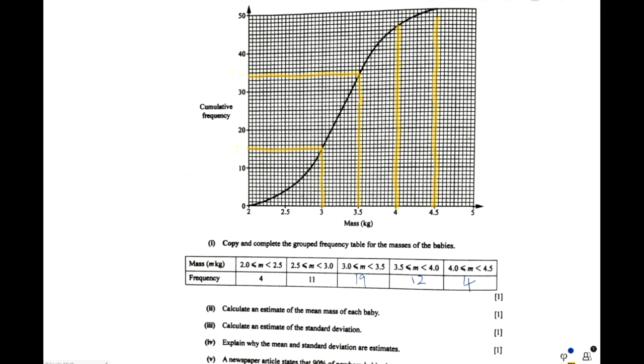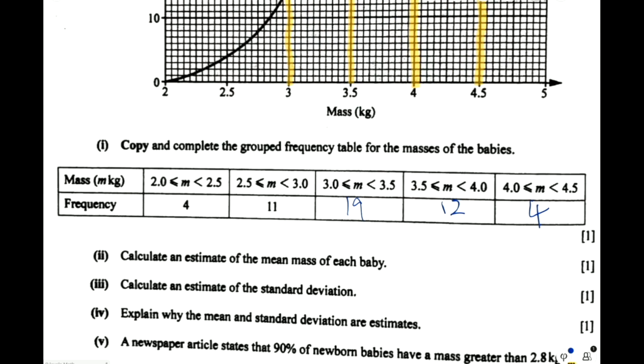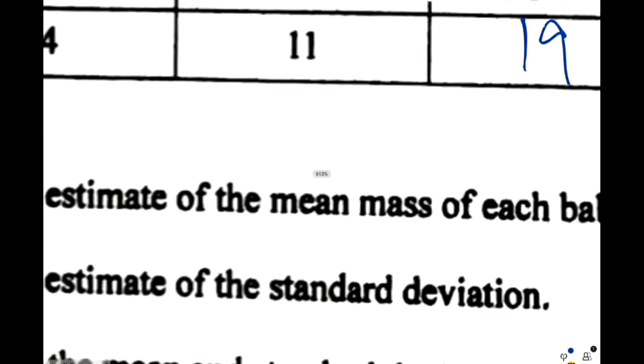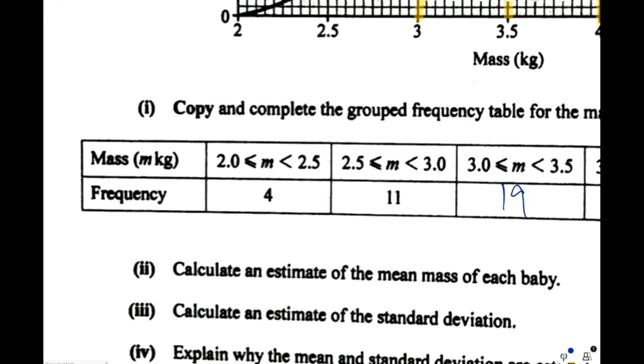Next, calculate an estimate of the mean mass of each baby. So how do we find the mean? What's the meaning of mean? Average. Okay, so how to find average? You need to find the midway between 2 and 2.5.